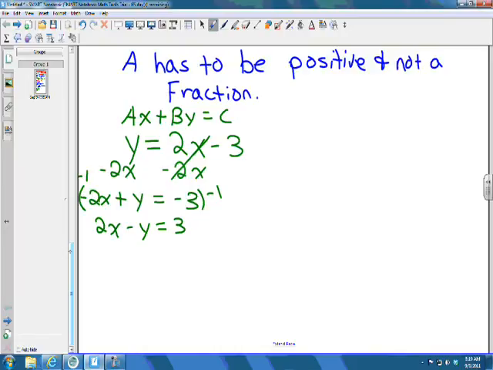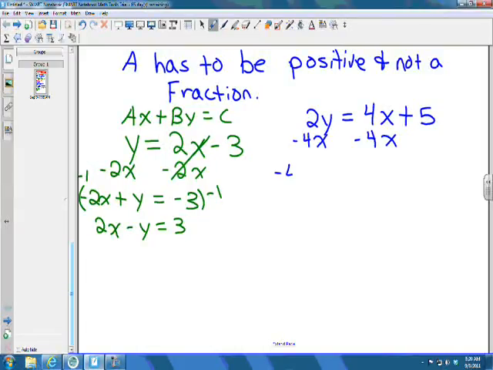Next one: 2y equals 4x plus 5. So this one's pretty much the same, another example of the same thing. What's in the wrong place? The x term. So we need to move this 4x over, subtract it just like we did in the last one.